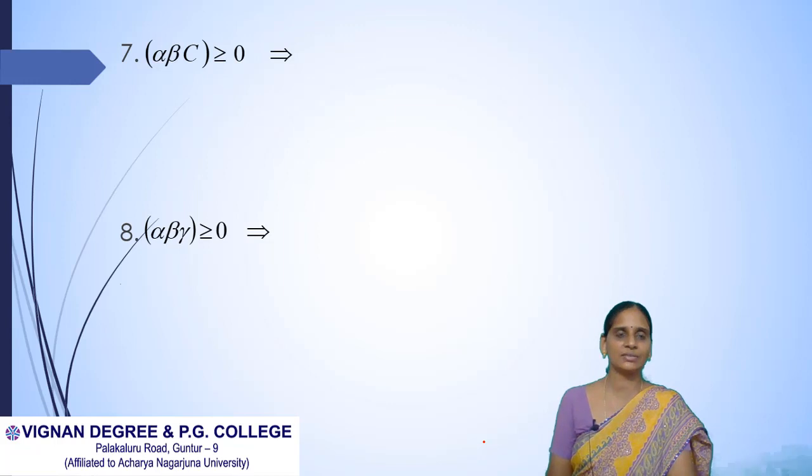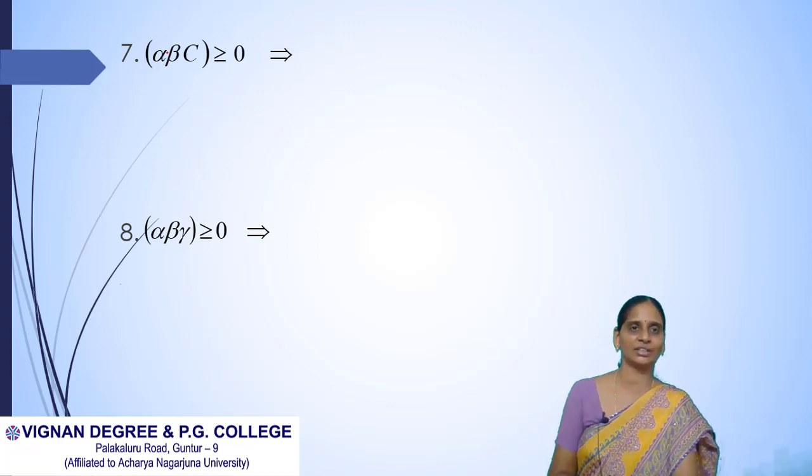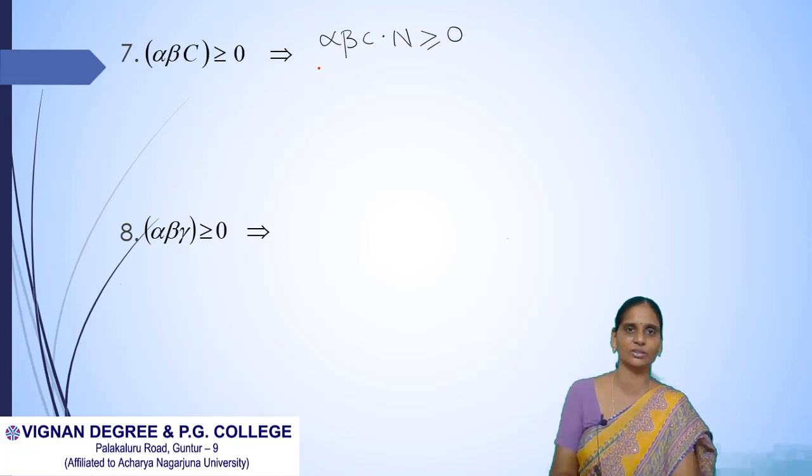And the seventh consistency condition for three attributes, that is frequency of alpha beta C, which is greater than or equal to 0. Again, frequency of alpha beta C can be written as alpha beta C into N, which is greater than or equal to 0.